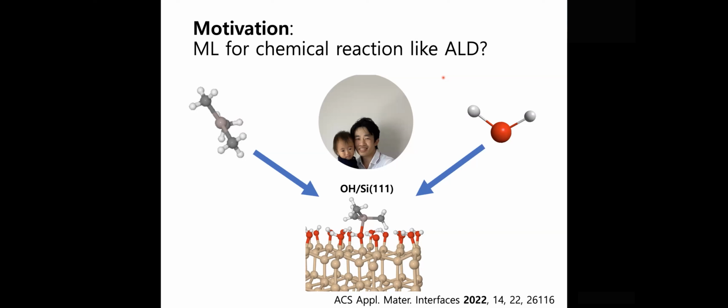In this reaction, we use the most well-known molecular precursors. On the left-hand side here is trimethyl aluminum, and on the other side, you have water. And we really want to know whether machine learning can help us understand the chemical reactions on this silicon surface.